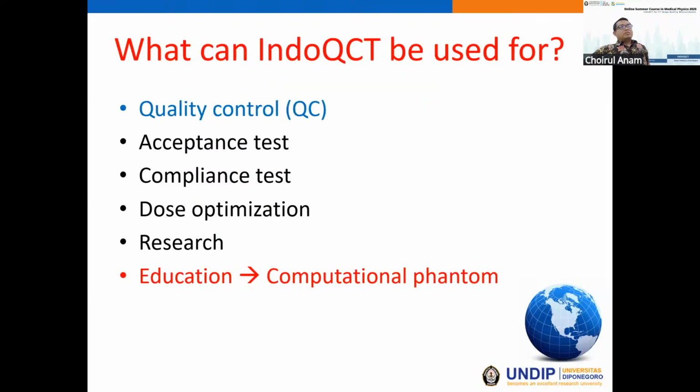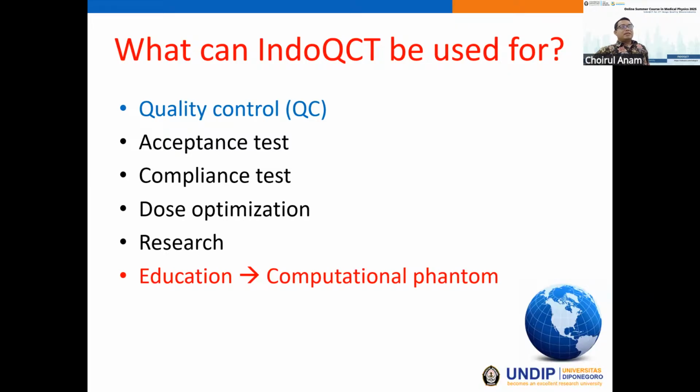Okay, so what can IndoQCT be used for? Because the IndoQCT can measure many image parameters, of course, IndoQCT can be used for the quality control, the acceptance test, compliance test, dose optimization. Because using the IndoQCT, we can evaluate using the human observer.